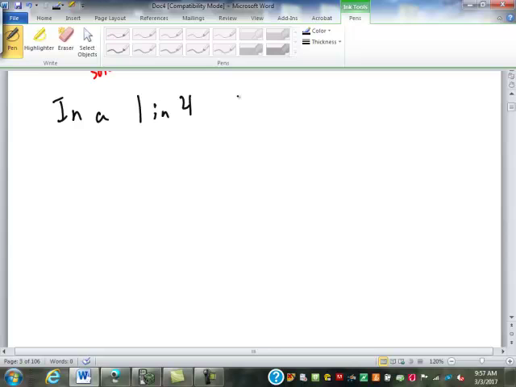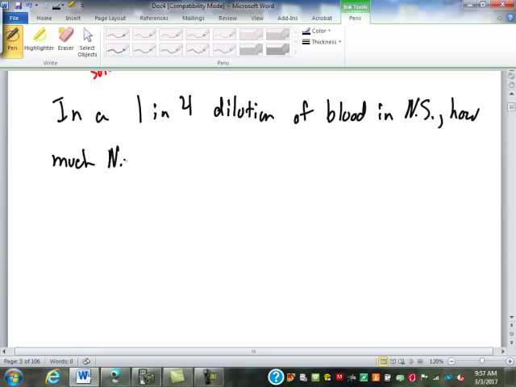So let's say we have a 1 in 4 dilution of blood in water. So blood in normal saline. How much NS is needed to mix with 30 milliliters of blood?